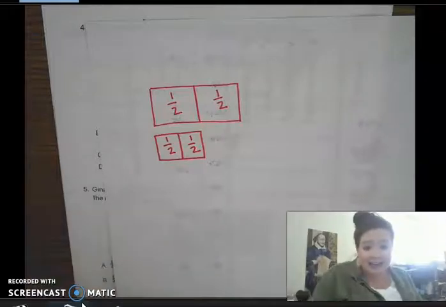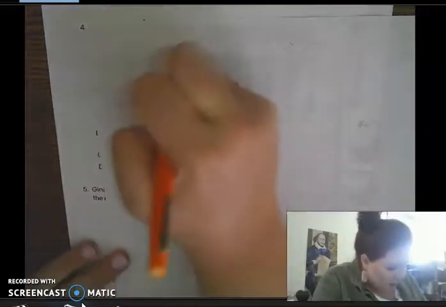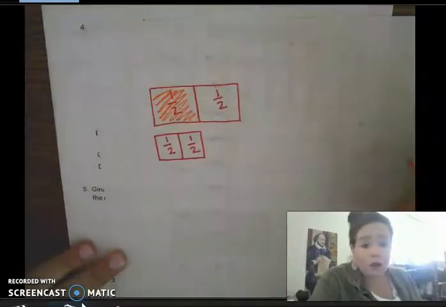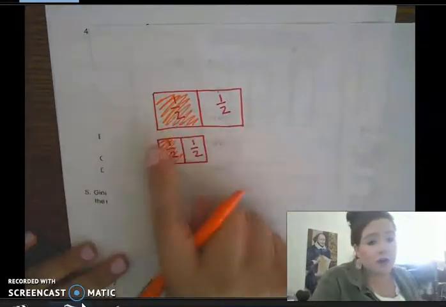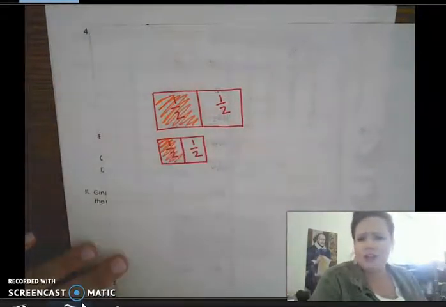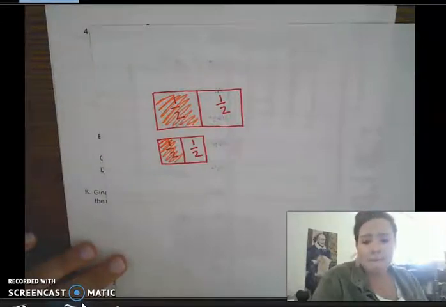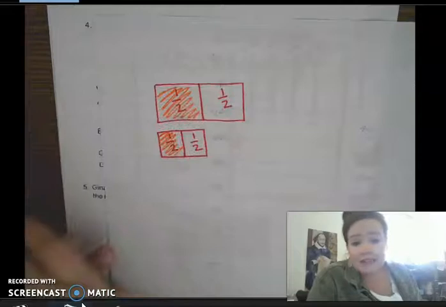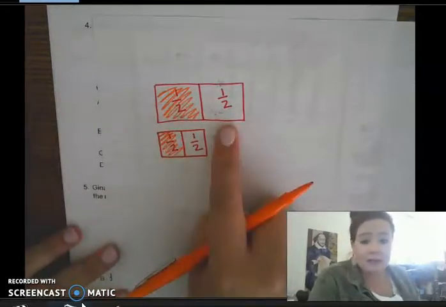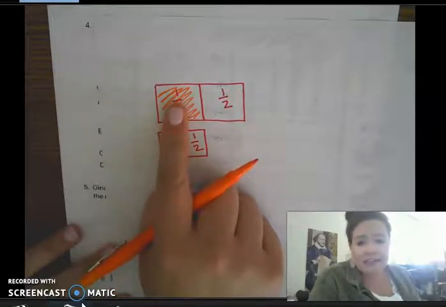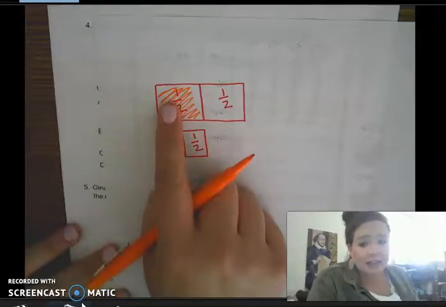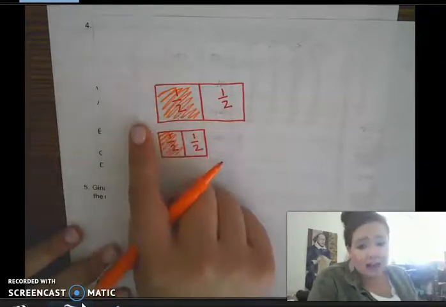Your cousin gets half of their cake. They get this much. You also get this much of your cake. Even though you and your cousin have eaten half of your cake, did you guys eat the same amount? Good. No, you did not eat the same amount because your whole cake is not the same size. Your cake is about the same size as half of your cousin's cake, okay? So you did not eat the same size because your whole is not the same size.